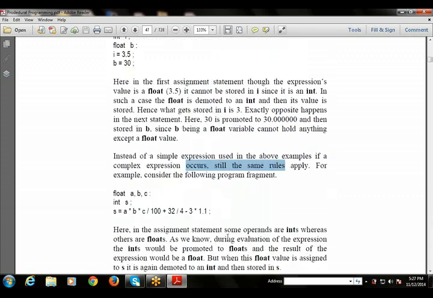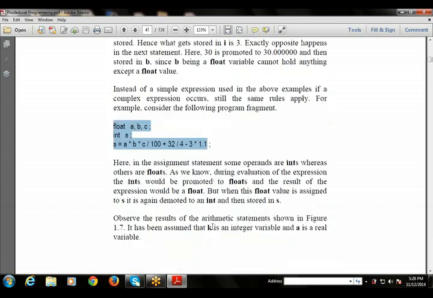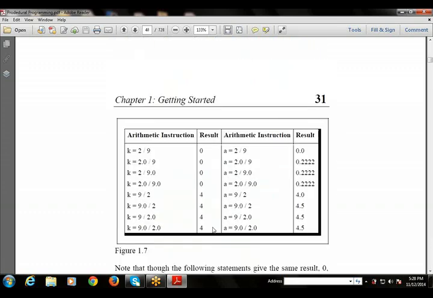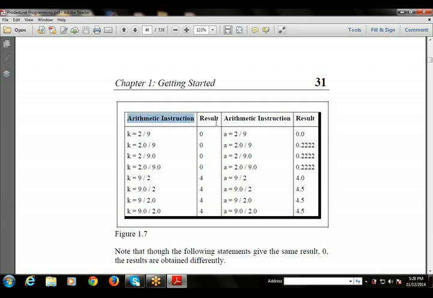Instead of a simple example, let us use a complex expression. These are the arithmetic instructions. This is the result: 2 divided by 9 gives 0. 2.0 divided by 9 gives 0. Then 2 divided by 9.0 is also 0. This gives 4. Why 4? Because when 9 is divided by 2, the quotient is 4.